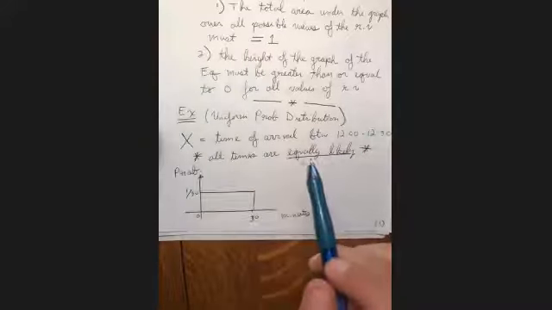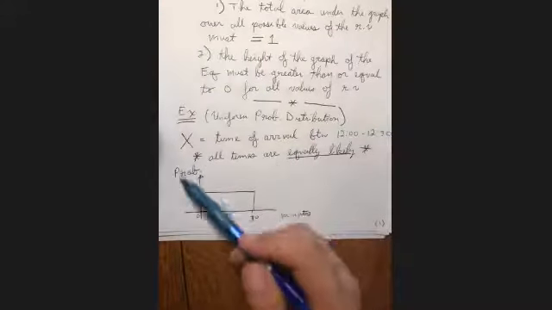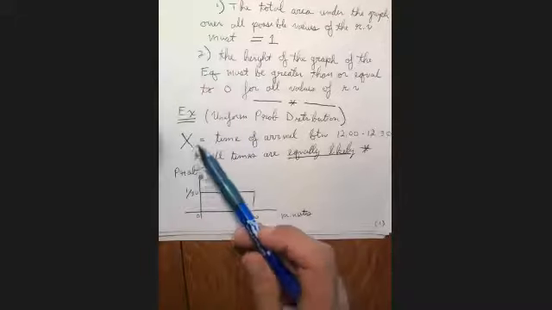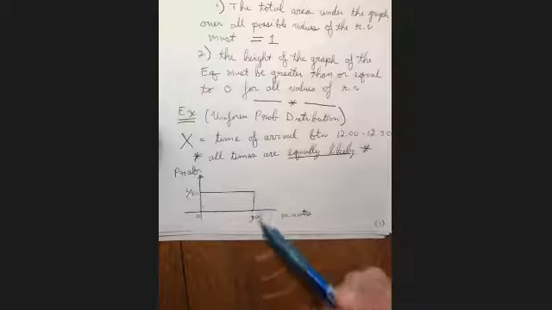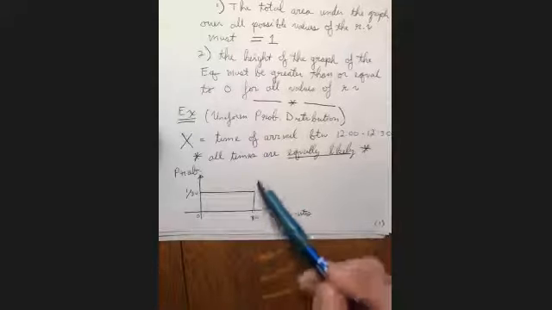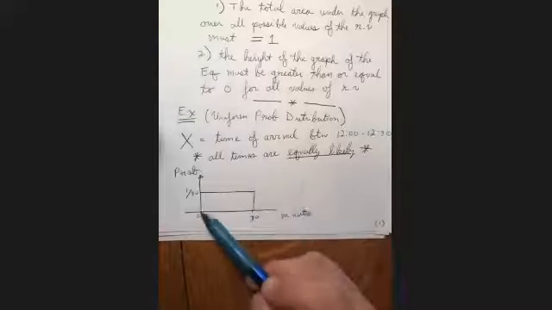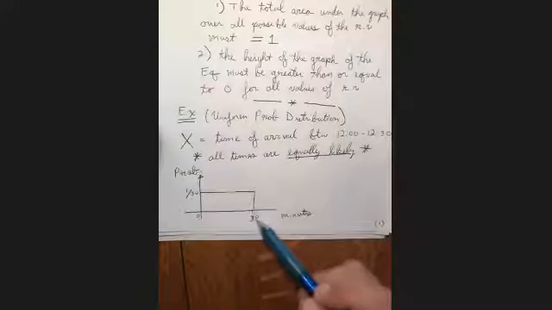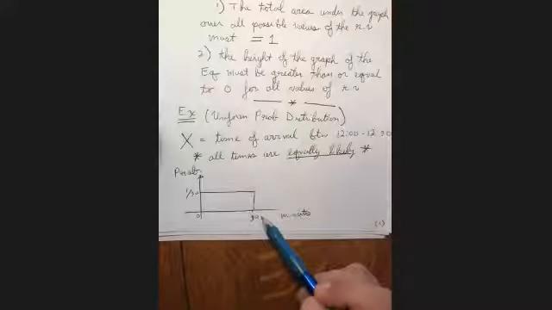So if I plot a graph of the density function for this random variable x, it would look like a rectangle. This is what all uniform distributions look like. There's some sort of rectangle. The rectangle has a base between 0 and 30, which represents the number of minutes that have elapsed from noon to 12:30.